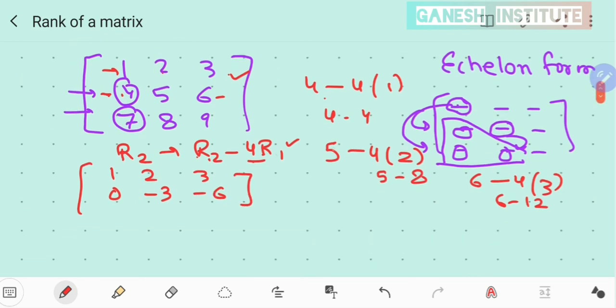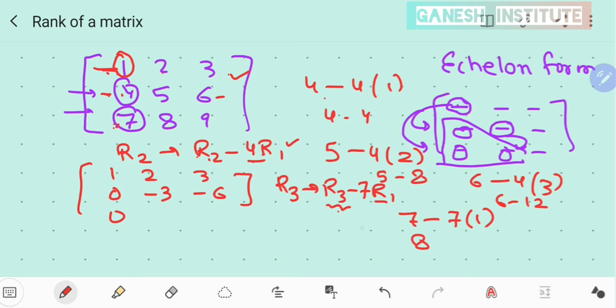Now in order to make this 0, if you take 7 minus 7, right? So you need to make it 7. That means apply R3 tends to R3 minus 7 R1, right? In that way, R3 is 7 minus 7 times R1, which is 1, so 7 minus 7 is 0.